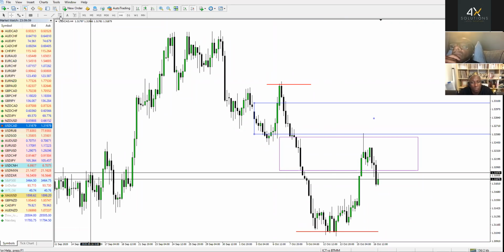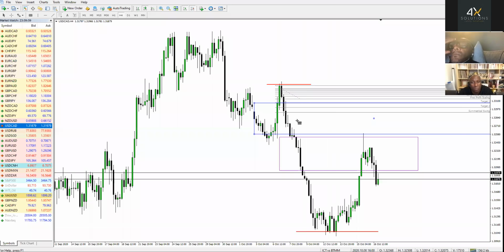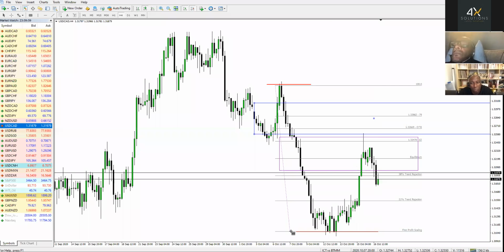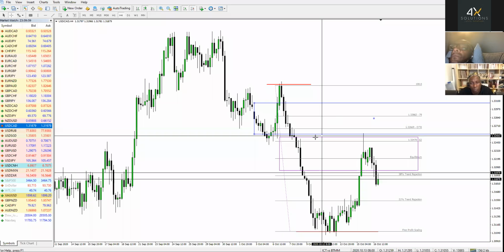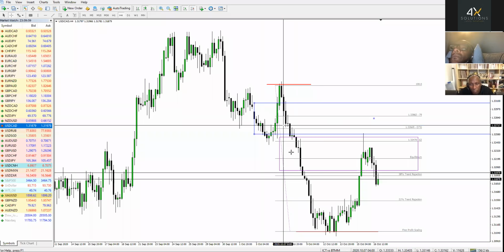So a fib is drawn from these bodies to these bodies, expecting a sell over here. Sure, this is hindsight, but I'm showing you entry technique for the purpose of this example. So we had this daily order block over here formed, which pushed price lower.